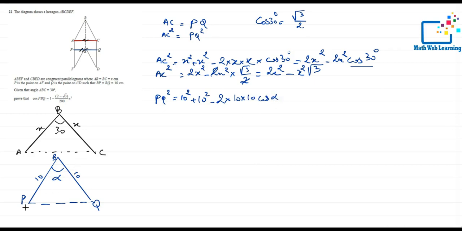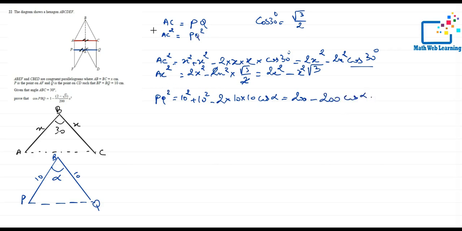Alpha is the angle PBQ. All right, so let's stay in the same line and tidy this up and simplify it. 10 squared, 10 squared, that's 200 altogether, minus 2 times 100, which is 200, and cos alpha.